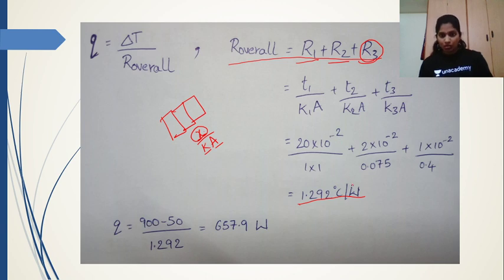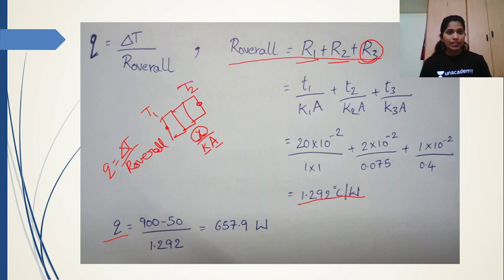Now we require the overall heat transfer rate. The overall heat transfer rate is nothing but the temperature difference divided by the overall resistance, which we have calculated here. The temperature difference is T1 minus T2, the temperature of the inner surface of the dirt and the outer surface of the insulator.